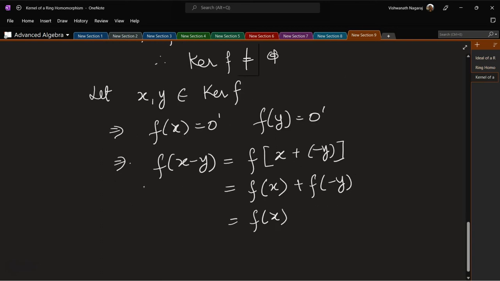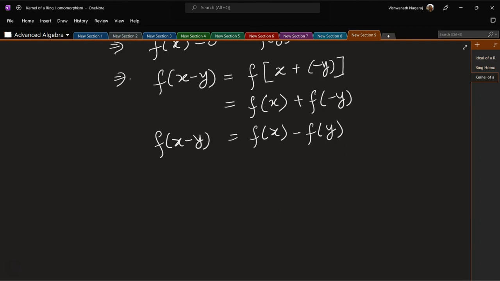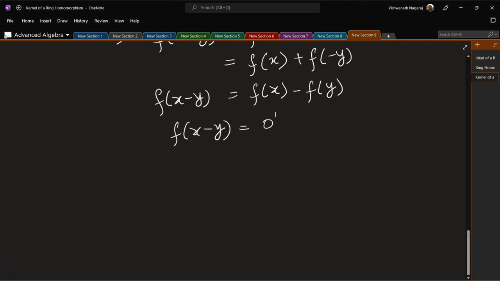Then this becomes f of x minus f of y. And here we have f of x minus y. And f of x minus f of y is what? f of x is 0, f of y is 0. So that means this is 0, or rather 0 prime. Okay. So this was with respect to addition.